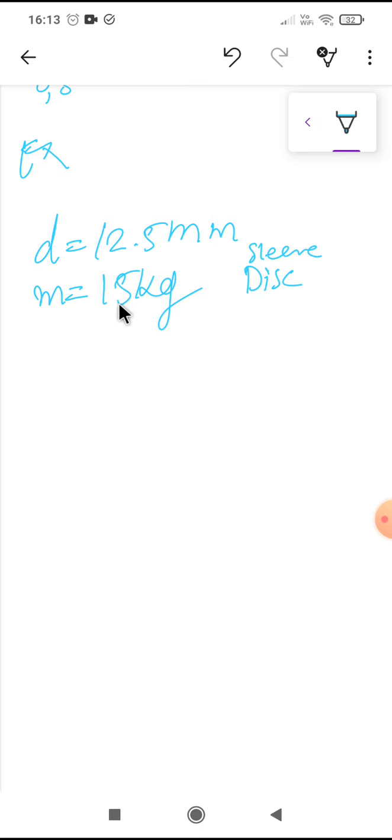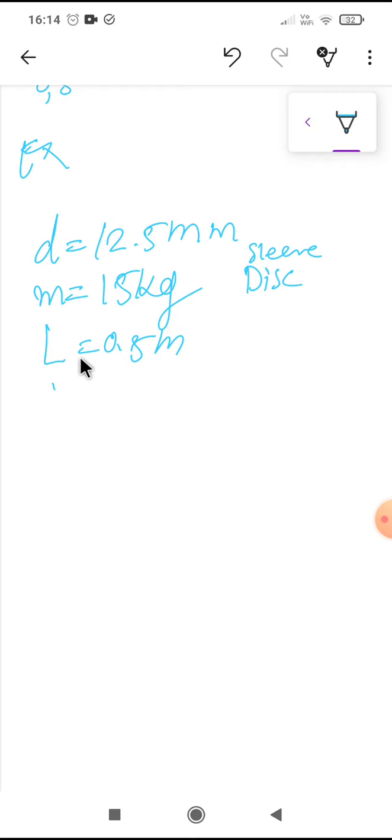The span of the shaft between the bearings is 0.5 meters. So the length is given, that is 0.5 meters. The mass center of the disc is 0.5 mm from the axis of the shaft. Determine the critical speed of the shaft. What is mass center?